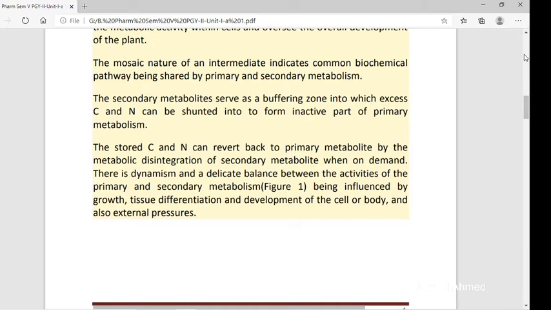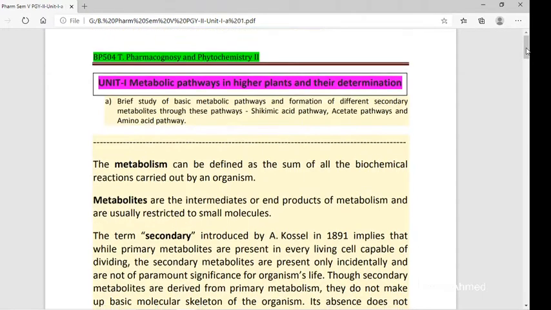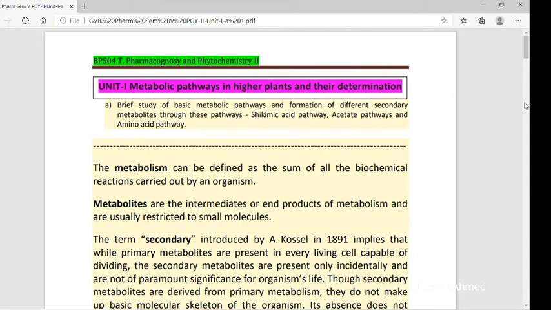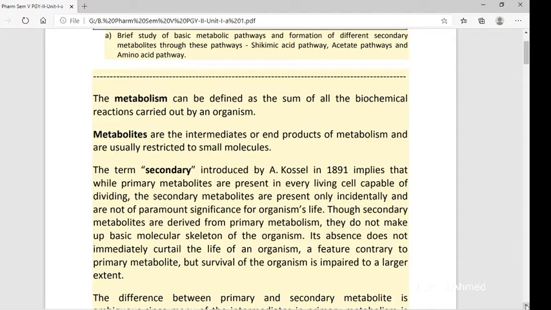And to go to the secondary metabolites, which are biosynthetically derived from primary metabolites, more limited in distribution. These are restricted to taxonomic groups only.